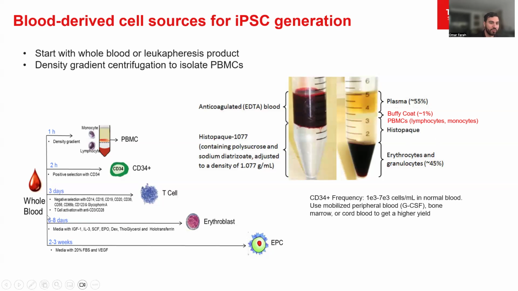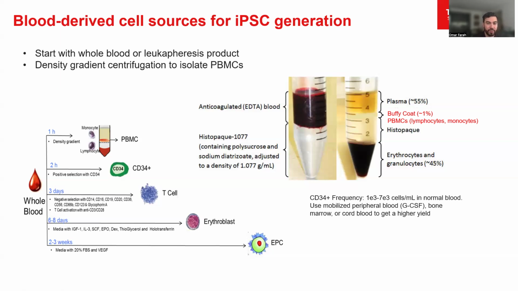So typically, what you see folks do is after doing a blood draw, or taking a leukapheresis product, basically like a bag of blood, right? They're going to isolate a particular type of cell from whole blood in order to reprogram. The most common one that you'll see is PBMCs, or peripheral blood mononuclear cells, right? These are cells that include lymphocytes like T cells, B cells, or NK cells, but also monocytes like macrophages and dendritic cells.